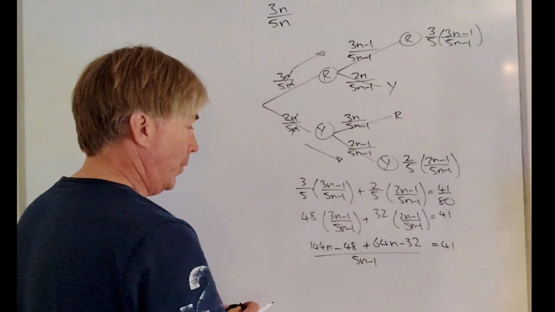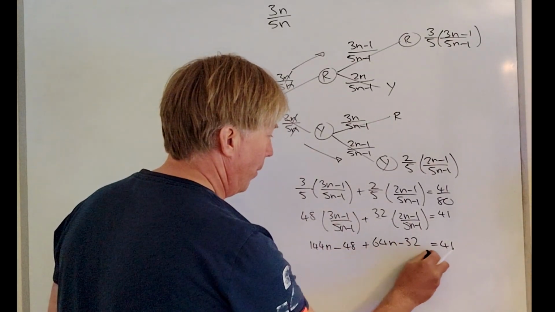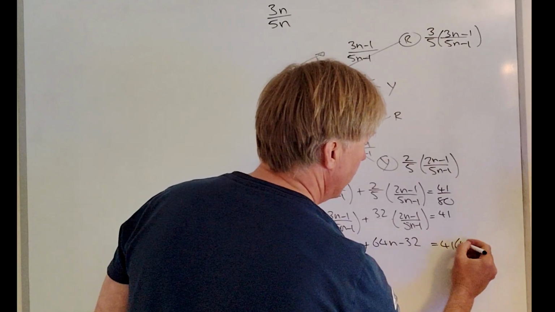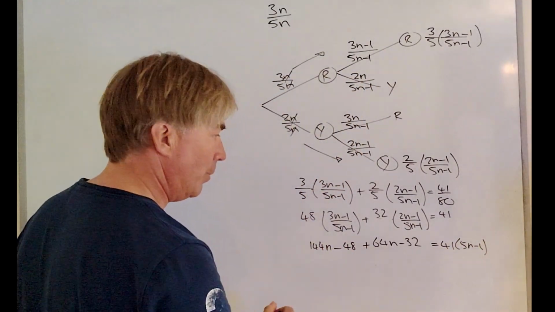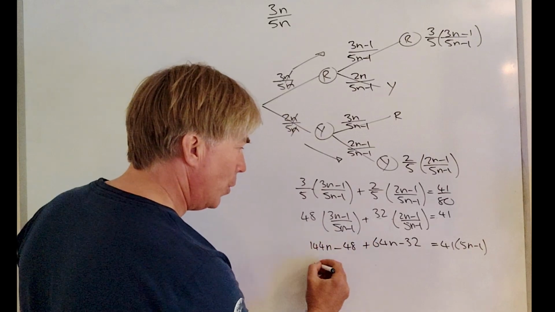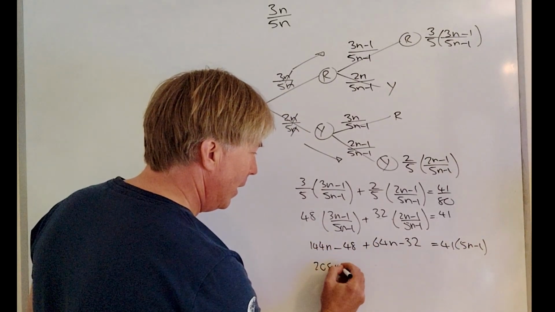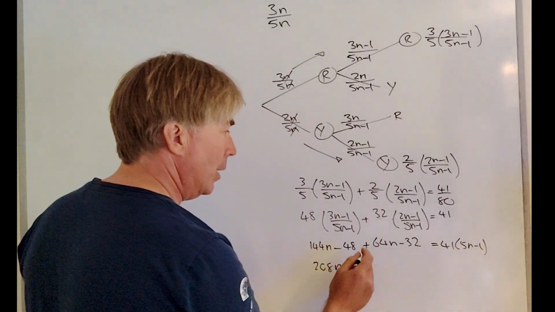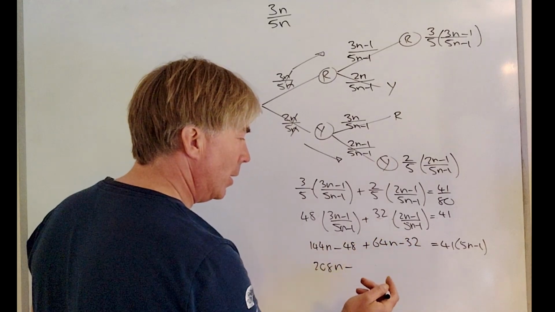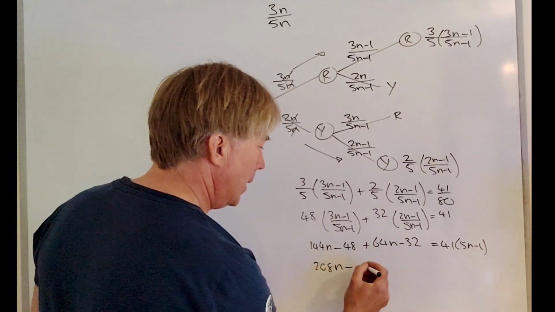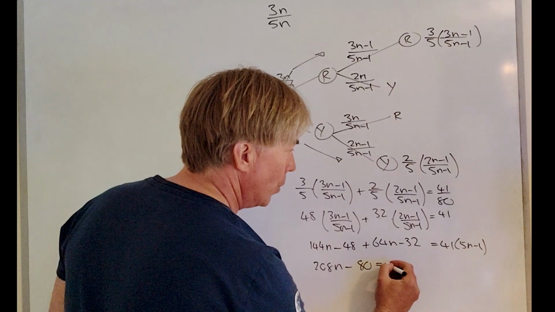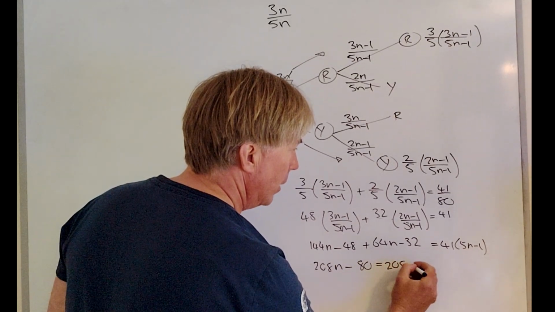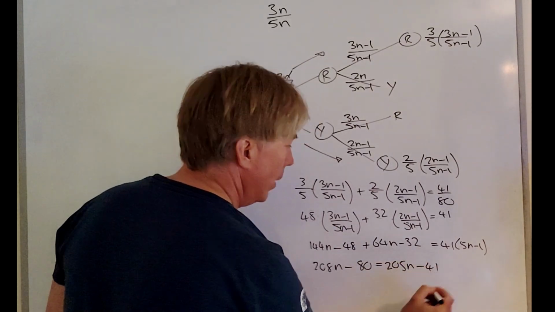And now I'm going to multiply throughout by 5n minus 1. So I end up with, collecting these two terms together, 208n minus 48 minus 32, which is minus 80, equals 41 times 5, which is 205n minus 41.